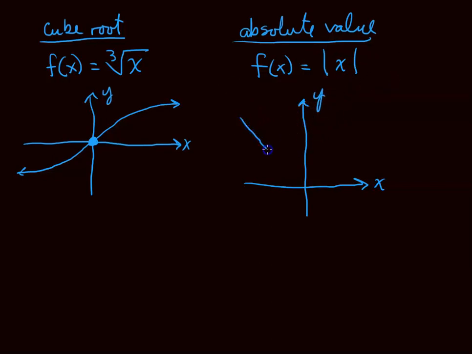Part of it is the identity, but then it bounces off, so to speak, and this is a straight line, it doesn't curve there. That's a corner. Its reference point is 0, 0, but that looks like a curve. It's not. Straight line, straight line. The absolute value function.